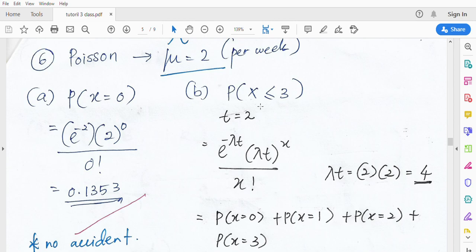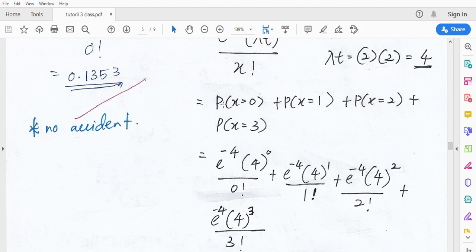Because based on the question, the average number of accidents is 2 per week, but here B is per 2 weeks. So we use this formula with lambda times T: e to the negative lambda T, and lambda T to the x divided by x factorial. So we use that formula and calculate the probability from 0 to 3.